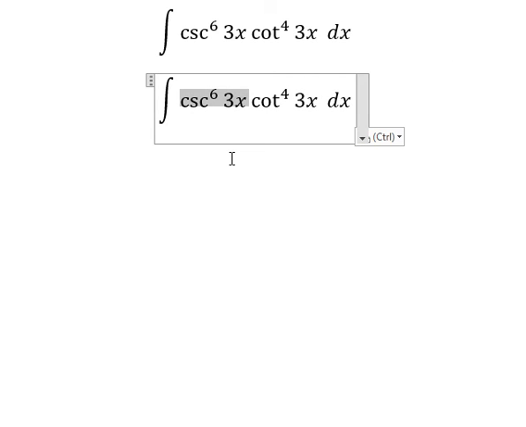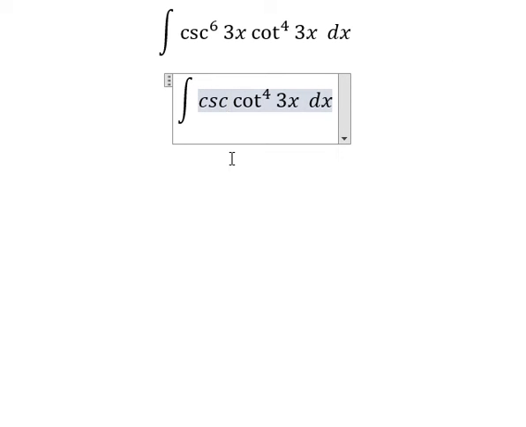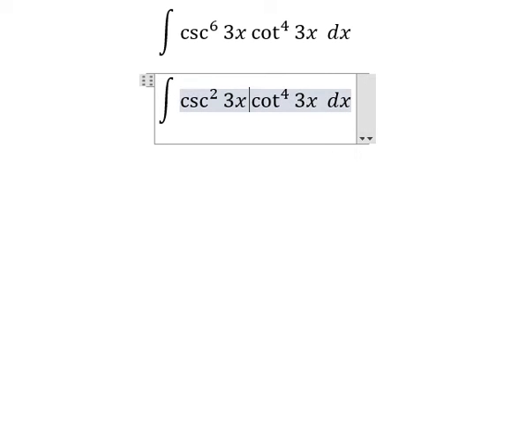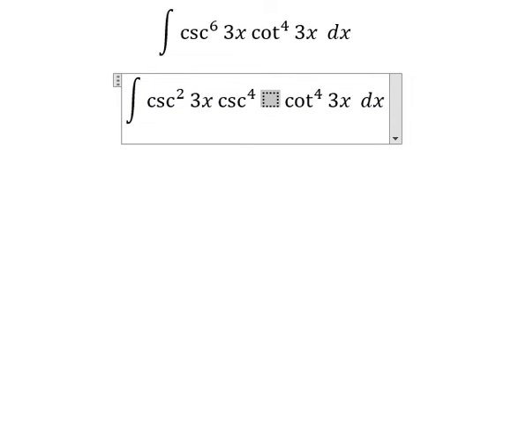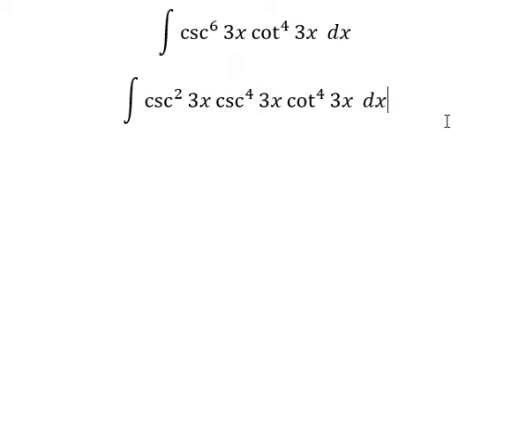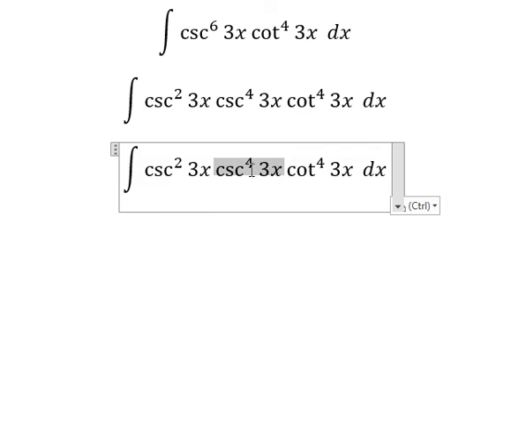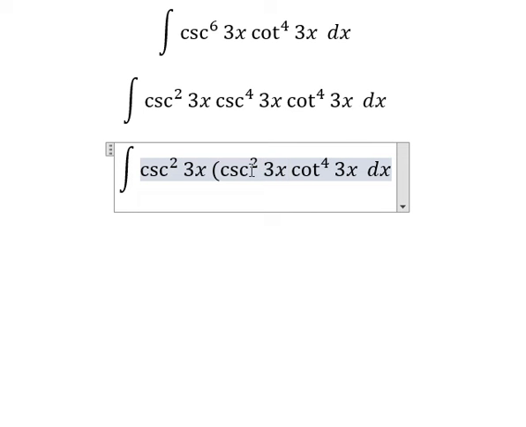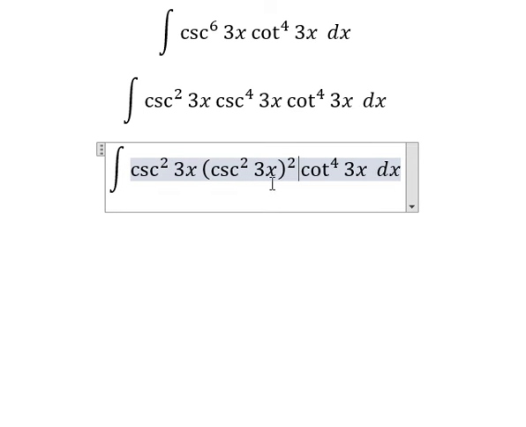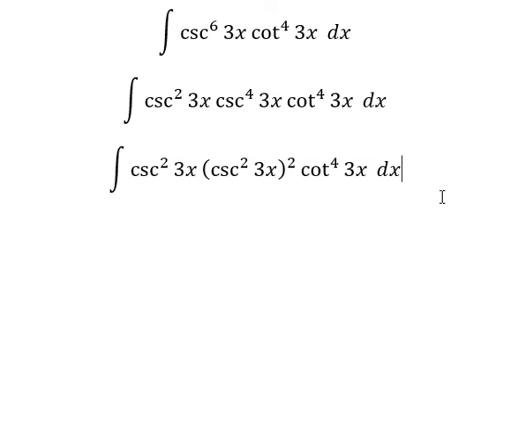This one I will put cosecant of 3x squared and cosecant of 3x to the power of 4. Next, this one we can put like this, because number 2 multiplied by number 2 we have number 4.